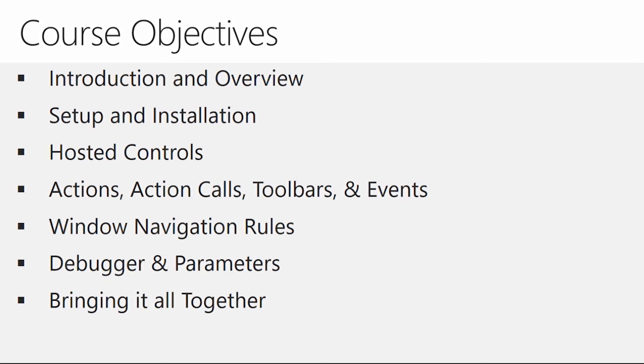So we're going to show you how to install the client on your local machines, how to connect to your Dynamics 365 instance, how to install the Unified Service Desk solution into your environment, and then what the basic configuration looks like. What are some of the core elements that make up a Unified Service Desk implementation?